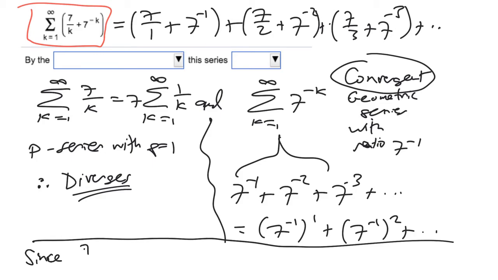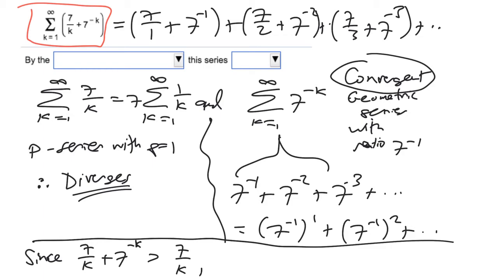I know that this expression will always be greater than just this part. So the thing that I'm summing for real is bigger than just this expression, the 7 over k.